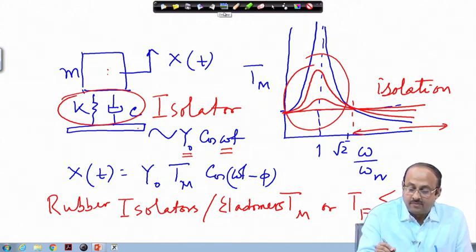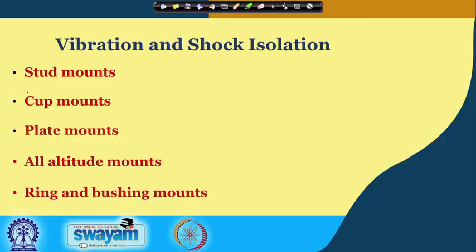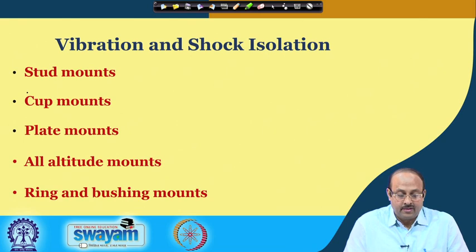Now, this part is the isolator. Now, isolators of different types. We have seen the isolators, and there are different types of isolators. One is the stud mount. Mounts are nothing but the isolators. They have different structures.